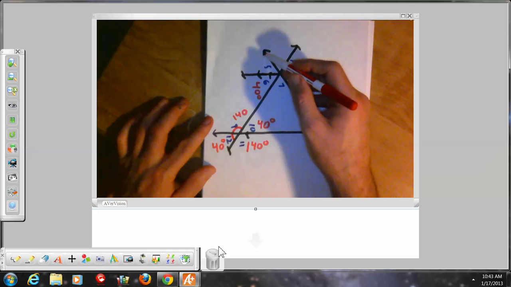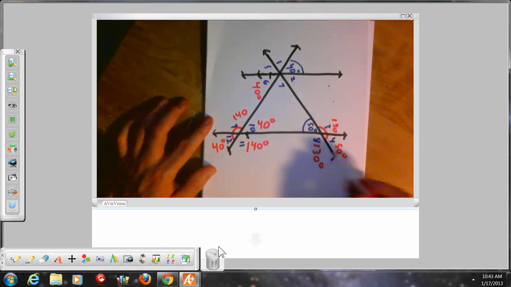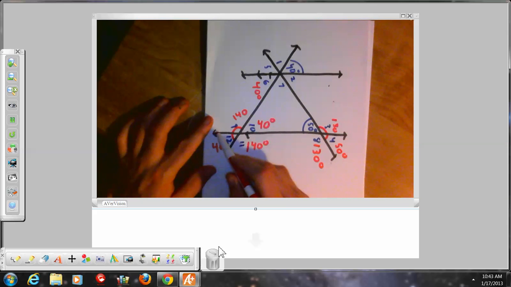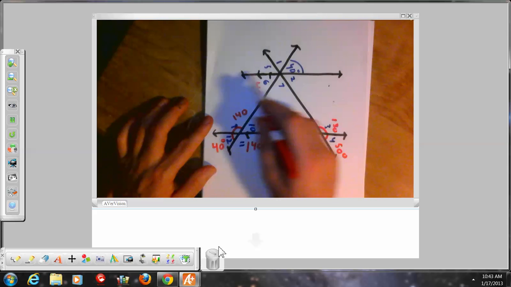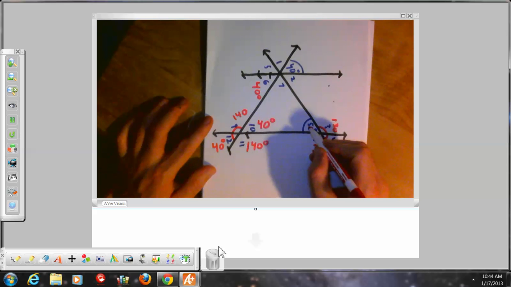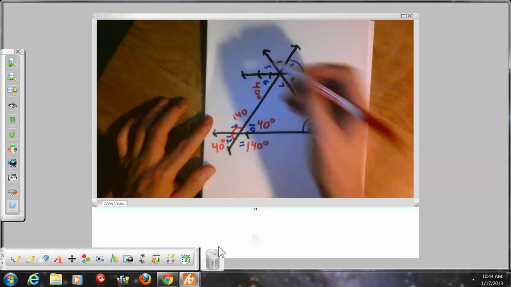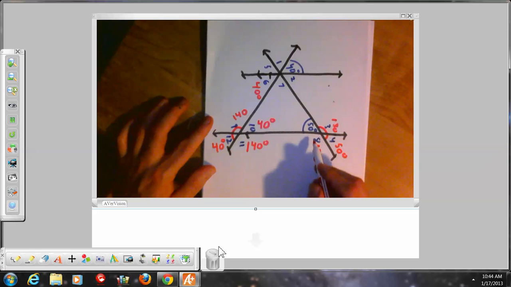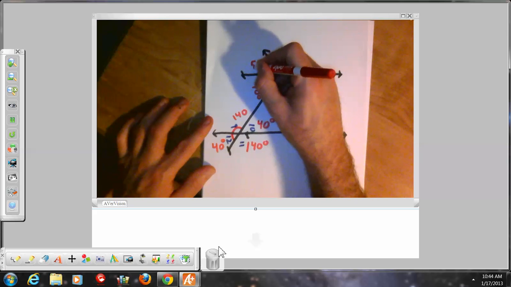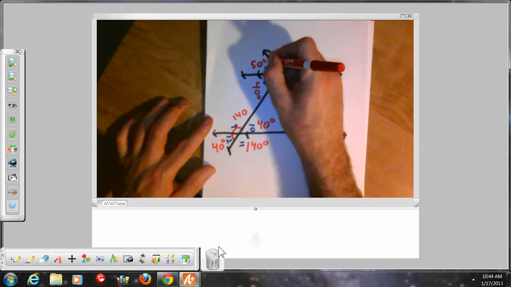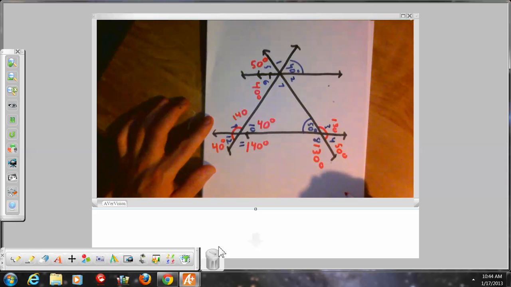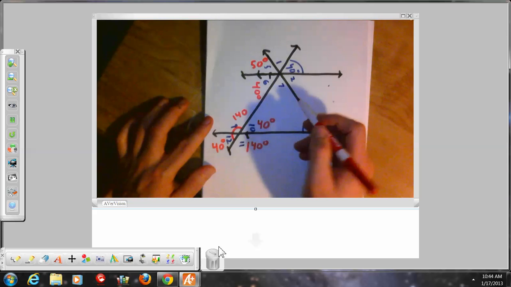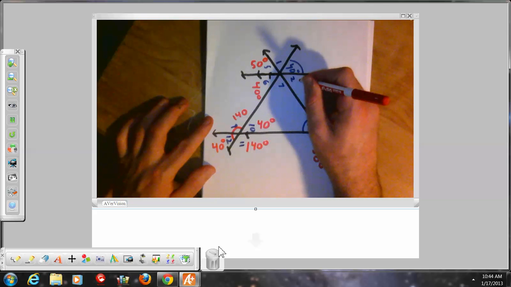So this line over here that I'm tracing the marker along is being hit the same way by this line and this line since they're both parallel. So we know this angle over here is going to be the same as this angle over here. So this is 50. So this angle over here is going to be 50 degrees. And these two are vertical, so this angle here is going to be 50 degrees.